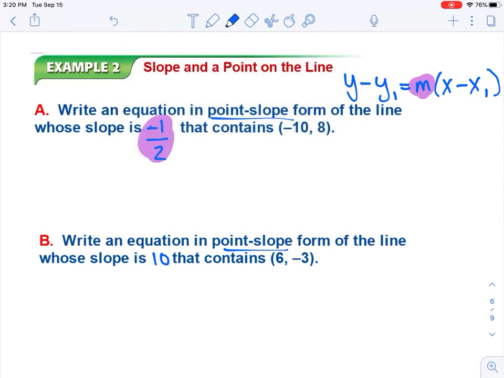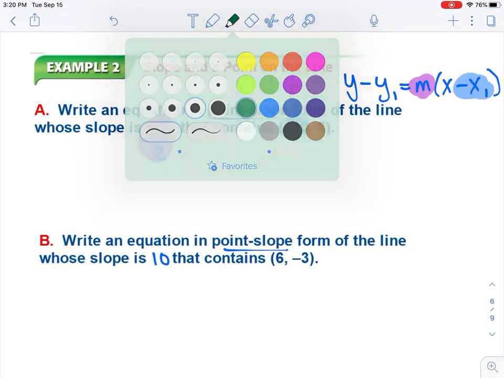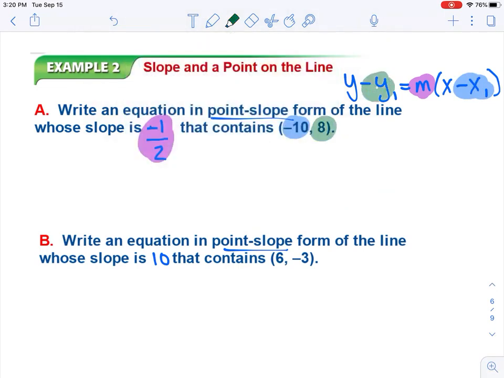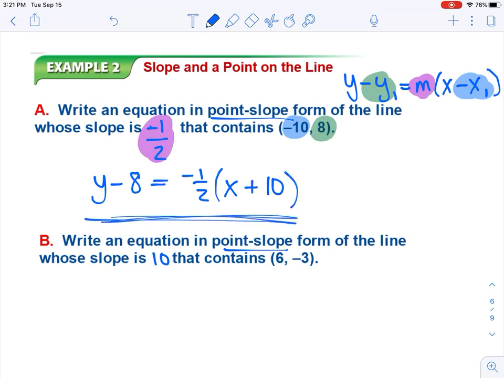For x1, I will plug in -10. For y1, I will plug in 8. And then I'll have my point-slope form. So I'll have y minus 8 equals -1/2 times x minus a -10, and minus a negative becomes a positive, and that is our point-slope form.